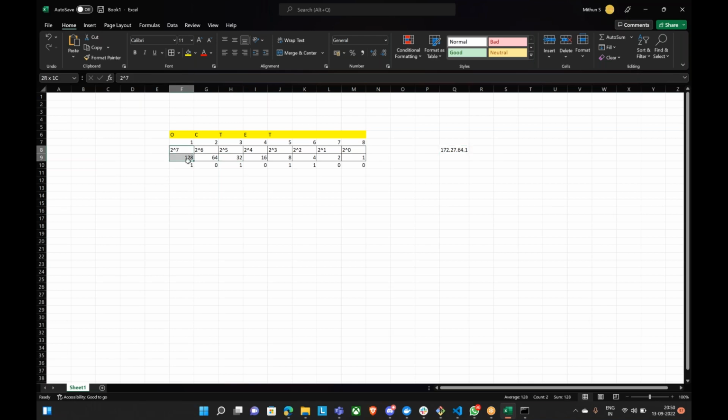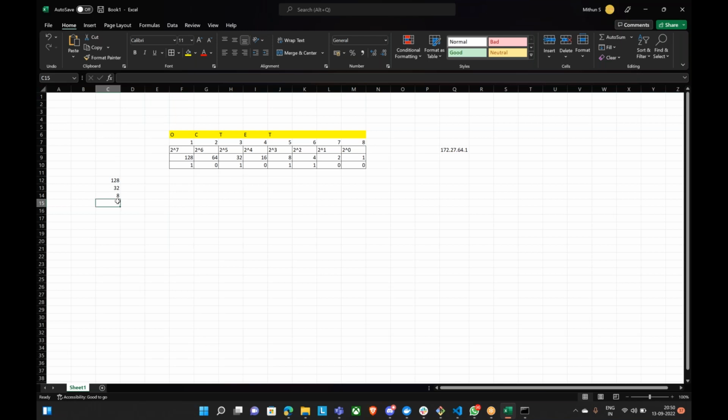So for example, where I have put 1, just see. I have put 1 here, so that means 128. Then 0, don't worry about it. 0 means this is also 0. Then 1 here, then 32. Then 0, leave it. Then 8, so put 8 here. Then at the place of 4, I have put 1.